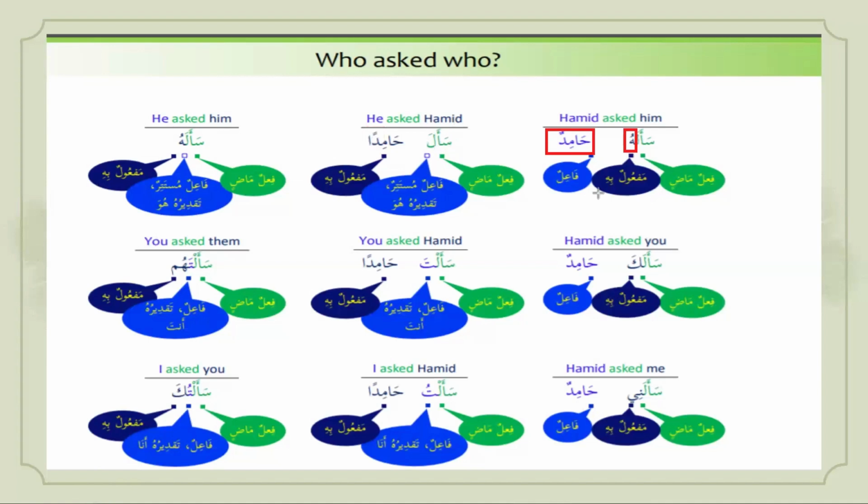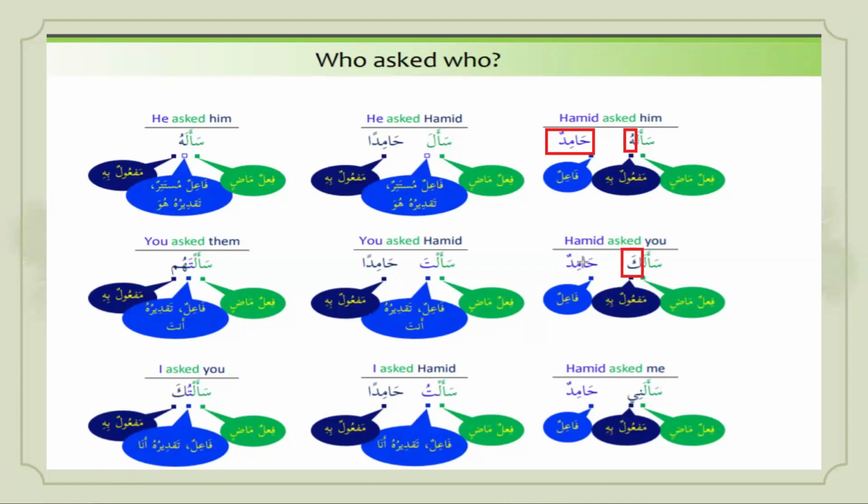These are normal, and this is also normal, because if an attached pronoun comes before the fa'il, that is also considered normal. Like this, Sa'alaka Hamidun, Hamid asked you. So ka, which is maf'ul bihi and an attached pronoun, is coming before the fa'il. Sa'ala has an inside doer huwa, but when there is an inside doer, there is always a possibility of an outside doer.